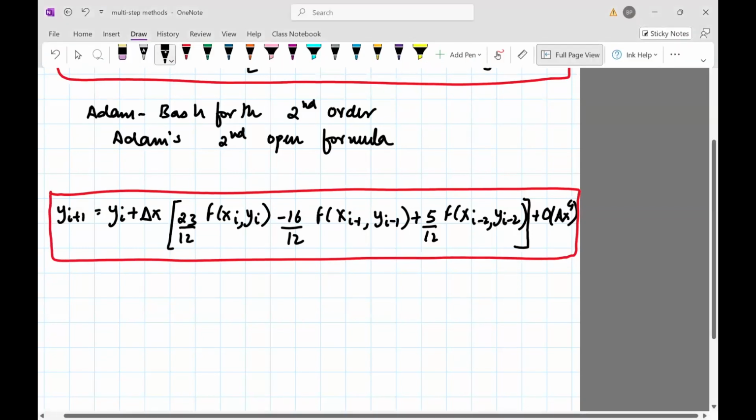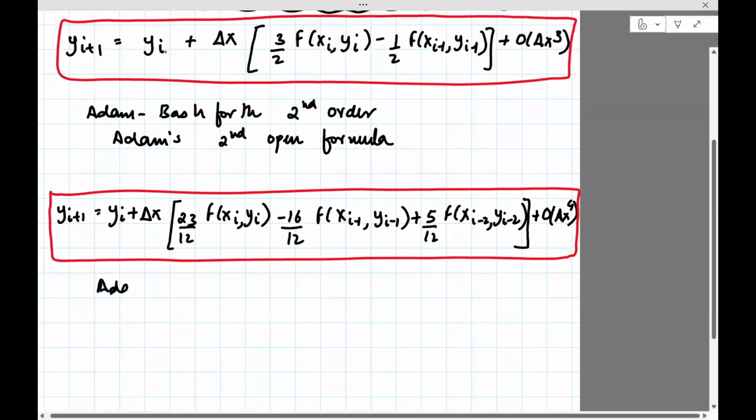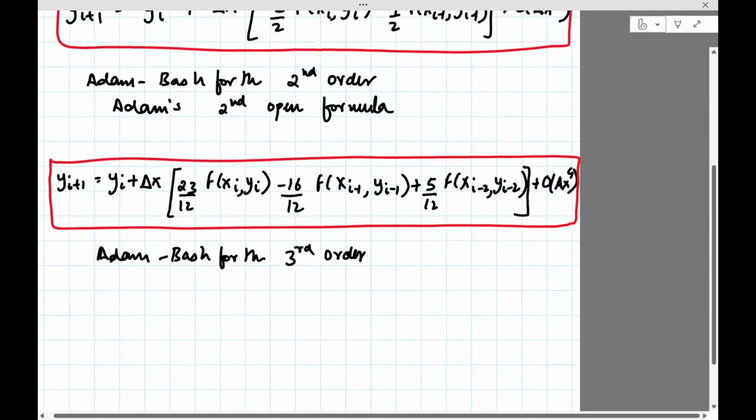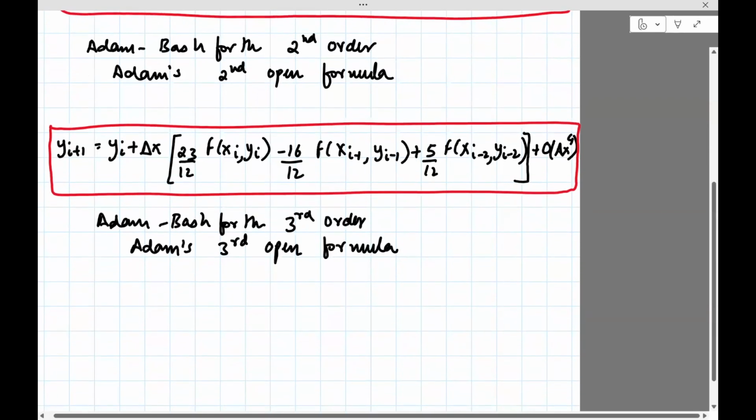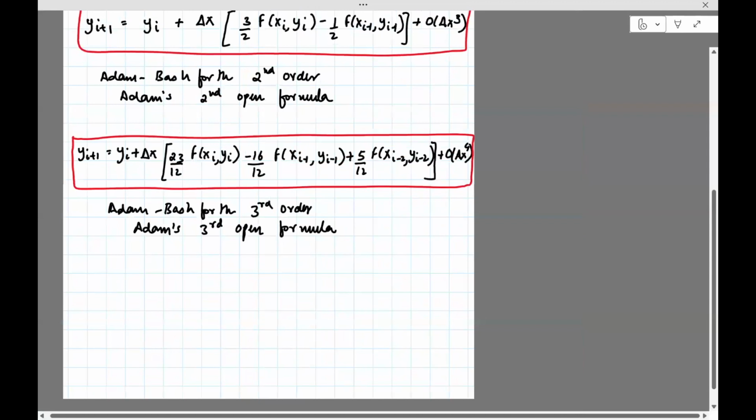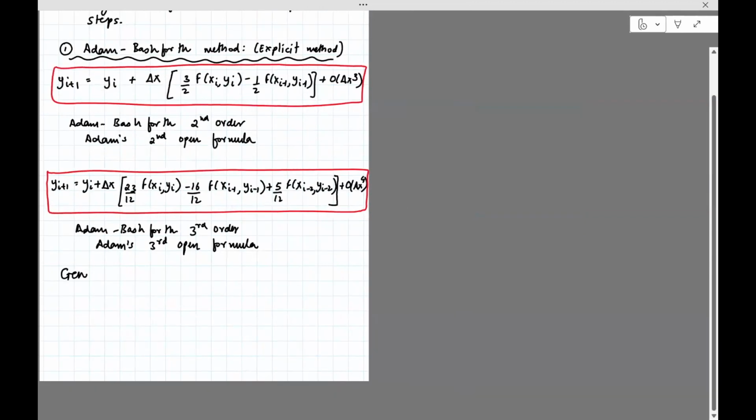This one is known as the Adams-Bashforth third order, or Adams third open formula. Third open. Okay, I'll explain all this in just a bit.